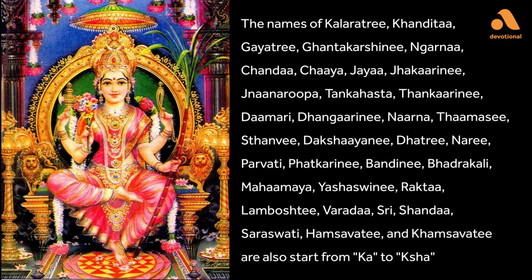The names of Kalaratri, Khandida, Gayatri, Khandagarshani, Ngarna, Chanda, Chaya, Jaya, Jagarini, Jnanarupa, Tankahasta, Dhangarini, Damari, Narna, Tamasi, Sthanvi, Dakshayini, Dhatri, Nari, Parvati, Fatkarini, Bandini, Bhadrakali, Mahamaya, Yashaswini, Rakta, Lamboshti, Varada, Sree, Shanda, Saraswati, Hamsavati, and Kshamavati are also starting from Ka to Ksha.